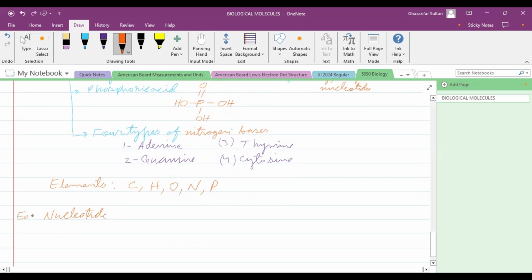I should write: each nucleotide is composed of one phosphate, one phosphoric acid, one deoxyribose sugar, and one nitrogen base.